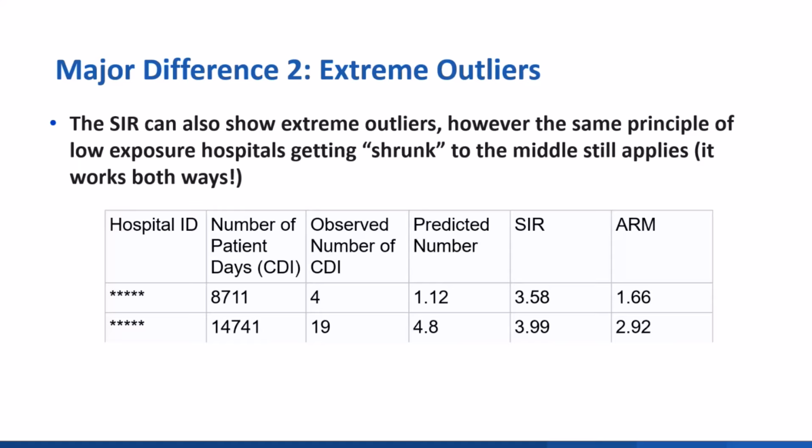So here are another two hospitals where the second hospital's 3 to 4 times bigger than the first hospital, and they both have a large SIR value. So they're both 3.6 to 3.9. The amount that the arm is pulling the smaller hospital towards the lower end, the middle of the distribution, is far more than that second hospital.